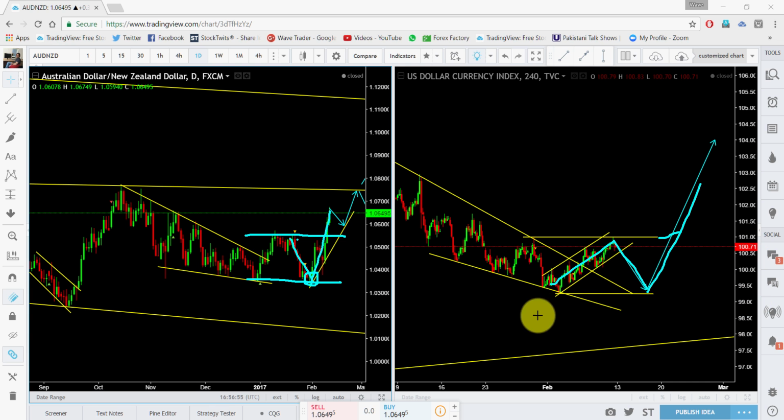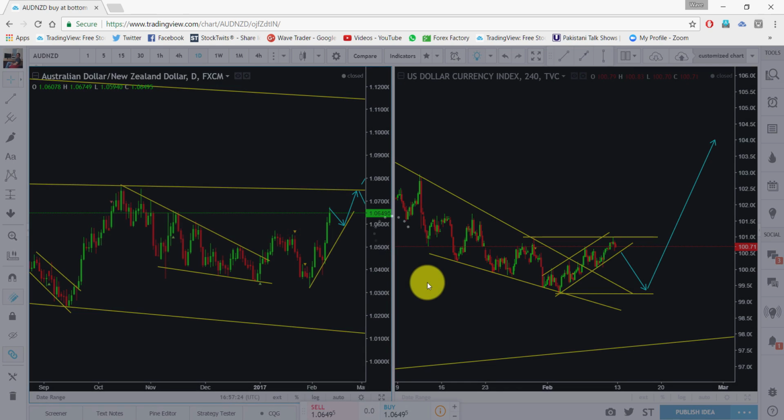If you remember, we saw this move on Euro Pound just a couple of days ago, and USD Yen. But those patterns were trend reversal patterns, while this pattern is a trend continuation pattern. So this move is highly likely here on the dollar index, same as this move.